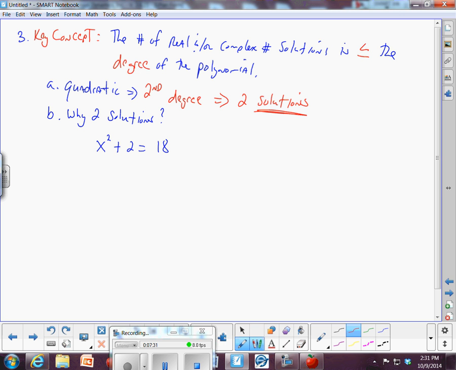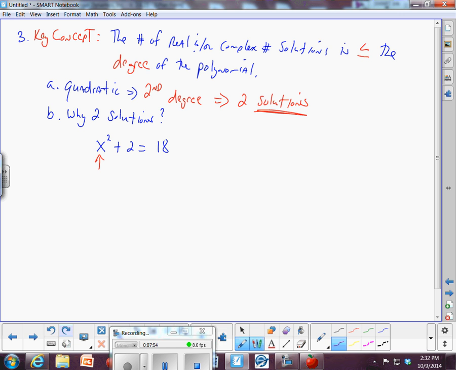Okay, so let's take a look at this x squared and just think about the simplistic nature of this equation. What must the value of x squared be to make this equation true? What must the value of x squared be to make the left side equal the right side? Right? I mean, that's what we're looking at.